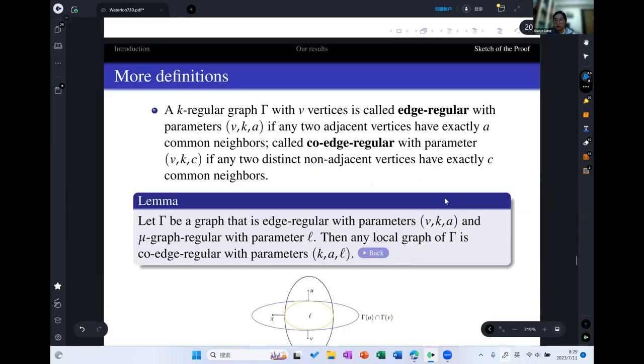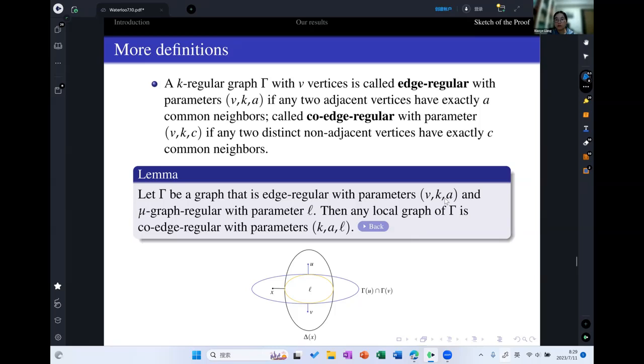If we work on the local graph, we need more definitions: edge regular and co-edge regular. A regular graph is edge regular with parameters (v, k, a). Here v is the number of vertices, k is the valency, and a is the number of common neighbors for any two adjacent vertices.